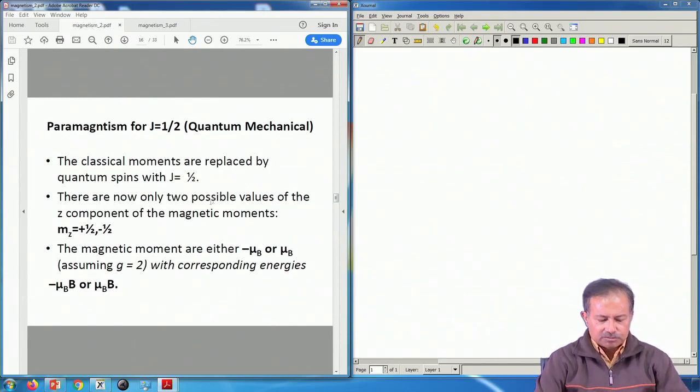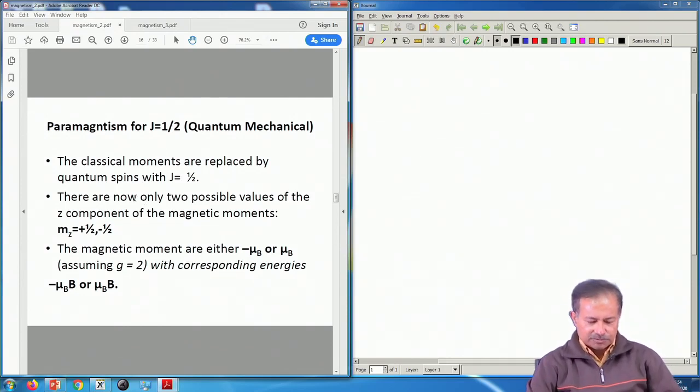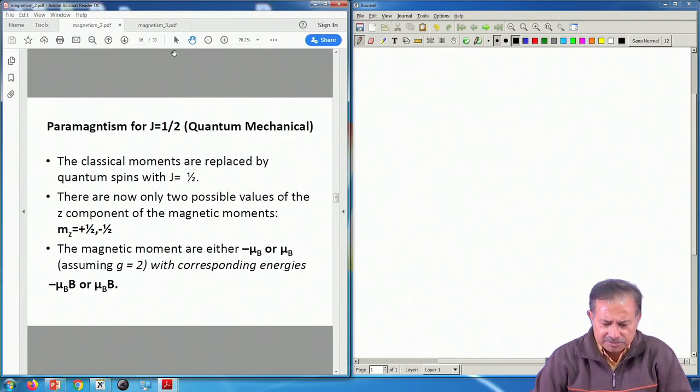There are only two possible values of the z component of j, which is written as m sub z, plus half and minus half, and the corresponding magnetic moments are either minus mu b or plus mu b, and their corresponding energies are mu b into h, plus or minus, if h is the magnetic field.